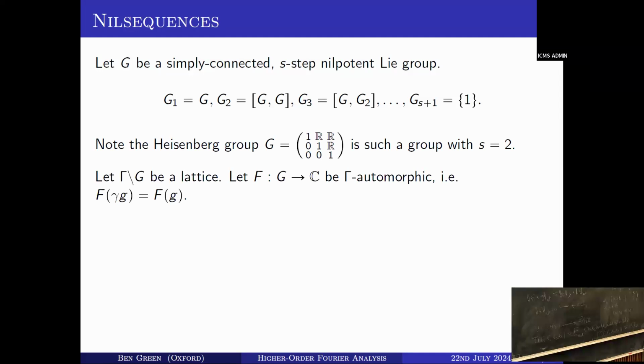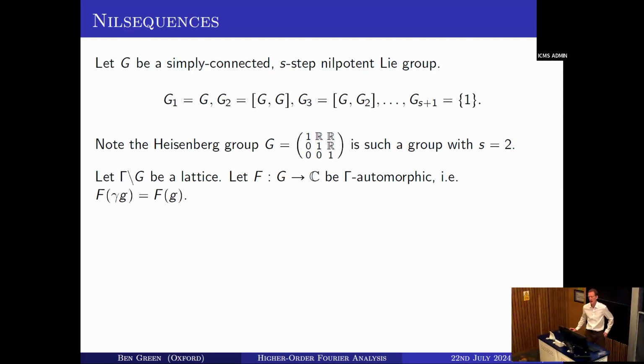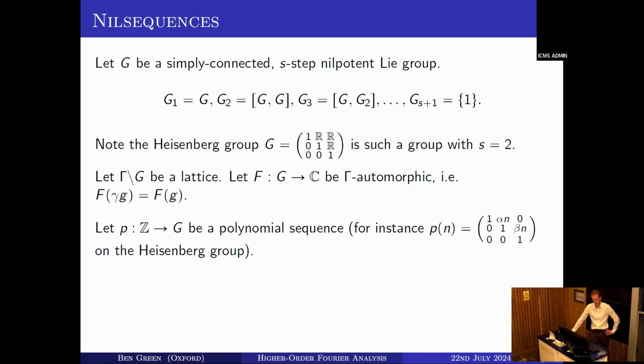You can define a notion of a lattice there. It's a discrete subgroup of G. And you can define a notion of an automorphic function. It's just a function; in practice, it will have suitable continuity properties, but the key property is that it's invariant under multiplication by gamma. An example is the one that I showed you on the Heisenberg group. And then you take a polynomial sequence.